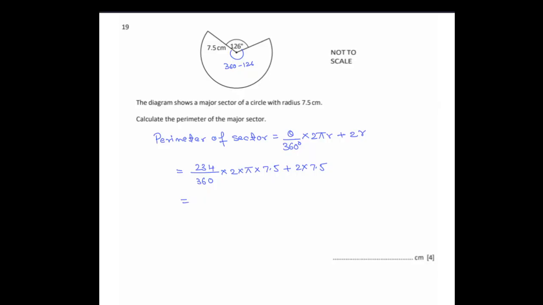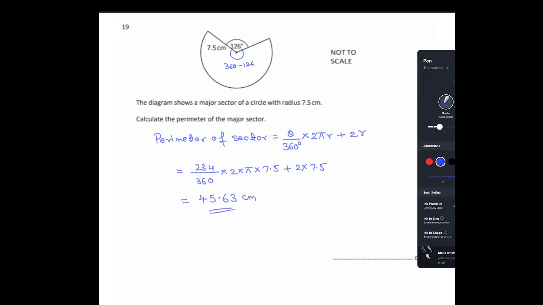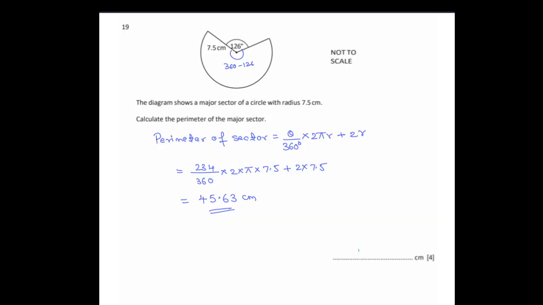Oh, we have to write plus here. The answer is 45.630 centimeters. This is the perimeter of the sector, the major sector.